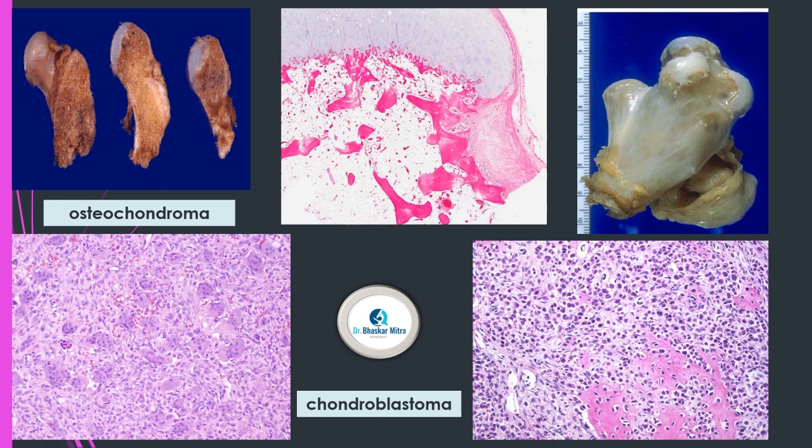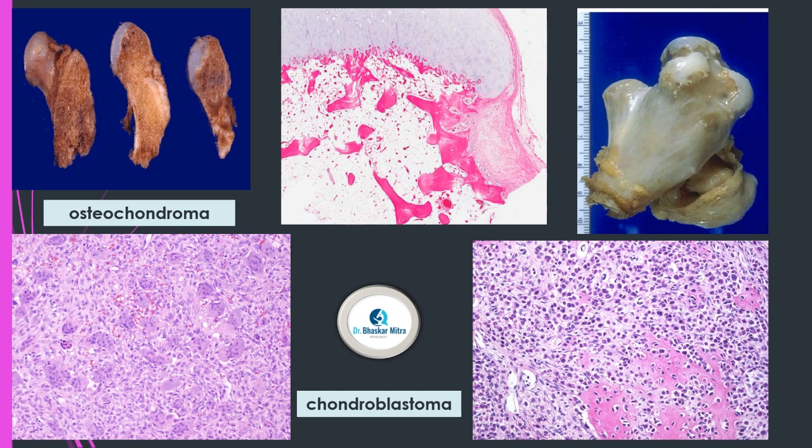Now, if you see in a greater view, this is a polypoid mass with a hyaline cartilaginous cap above. Beneath it there are bone forming areas. This is the polypoid cartilaginous mass, this is osteochondroma. This is chondroblastoma.